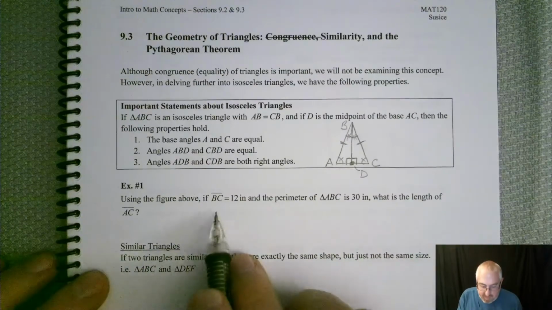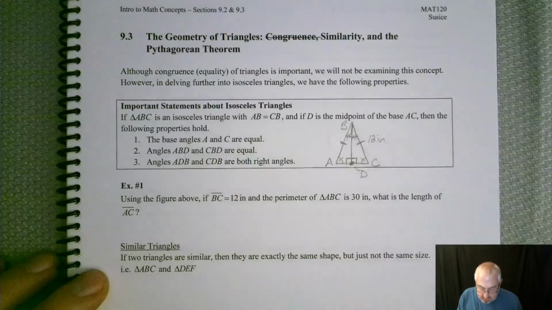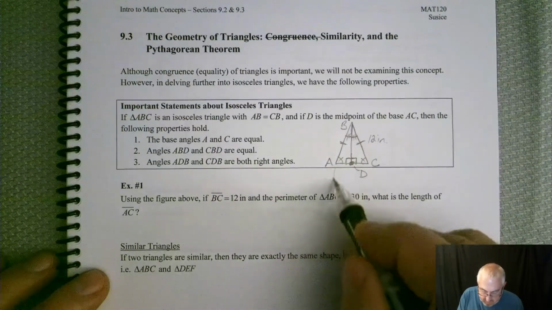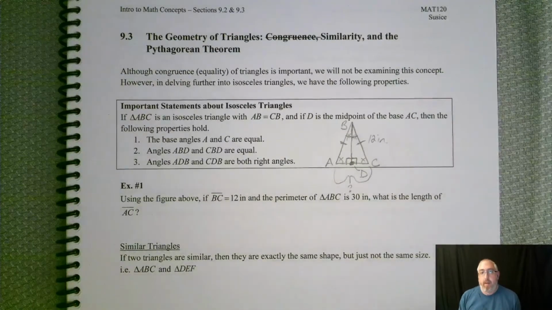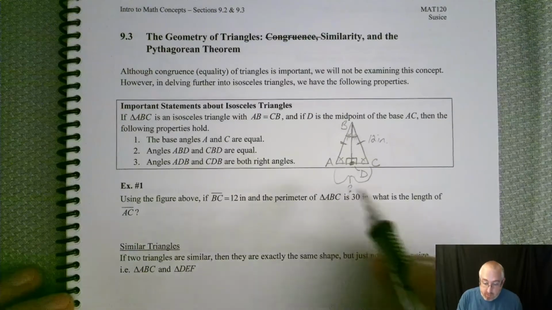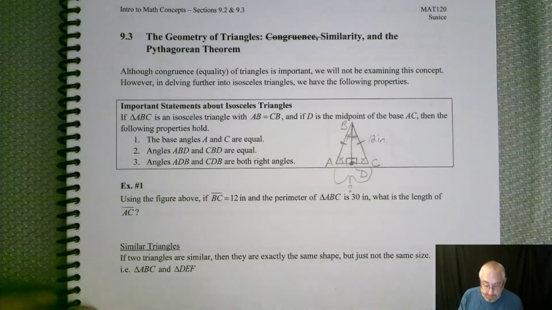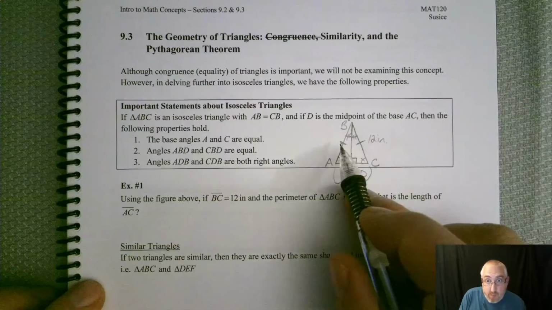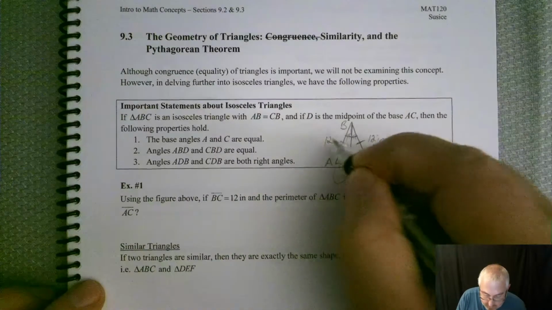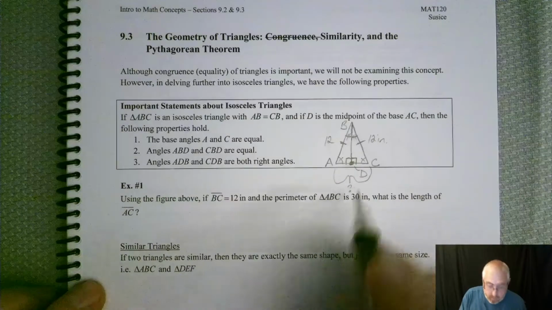Okay, so BC, so over here is 12 inches. What is the length of AC? Well, what can you tell me? And you also know that the whole perimeter is 30. So hopefully you're saying, well, if this is 12, then that forces this one to be 12 too, right? And you would be correct. So we got 2 12s and then we got an unknown.